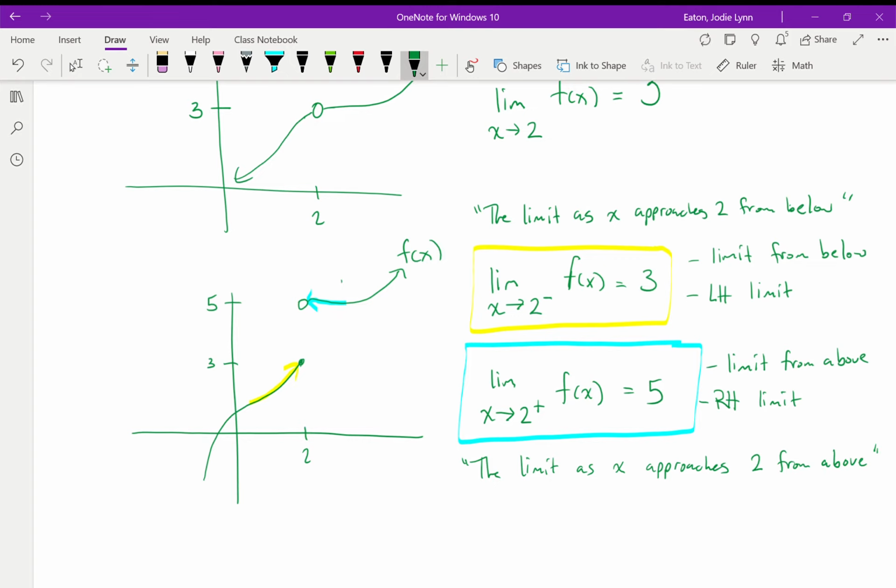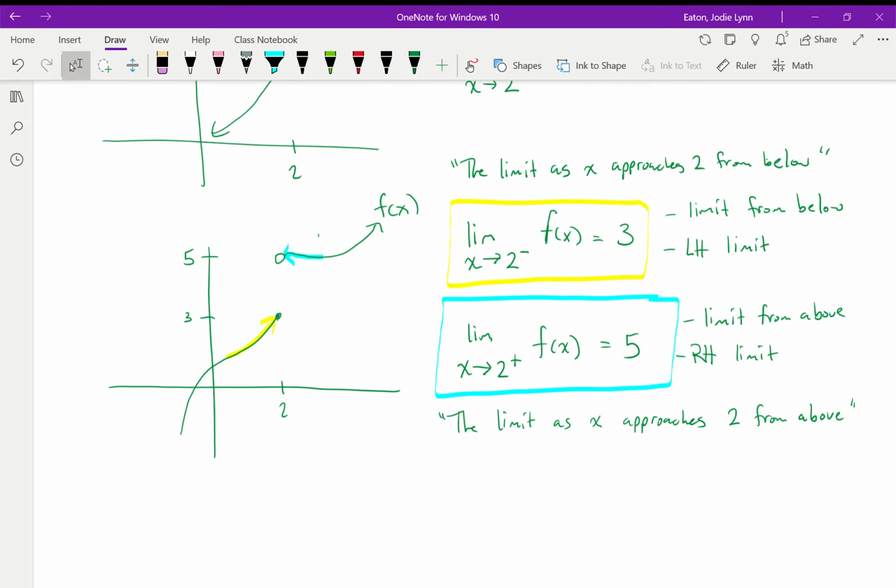And that's how you would refer to that little thing. Okay? So we've done our two. We would call these the left-hand and the right-hand limit, but what we can notice here is that they are different. So 3 and 5 are not the same.